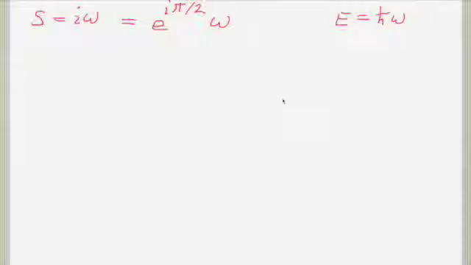All right. So what's going on? Well, what's going on is that physicists and electrical engineers have different sign conventions for frequency. So for an EE, for our electrical engineer, we do our Fourier transform like this.